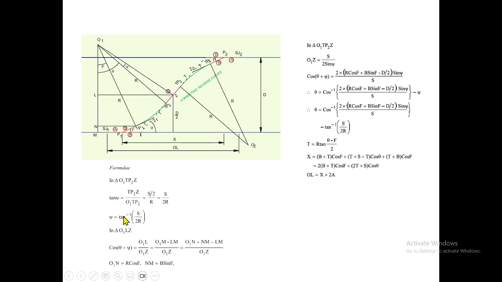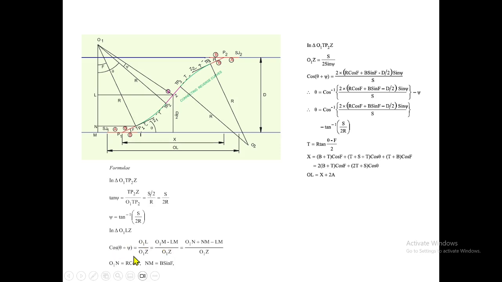Already we have this triangle. Here sin psi equals opposite side by hypotenuse. The opposite side is S by 2, so O1Z equals S by 2 sin psi. So this works out.